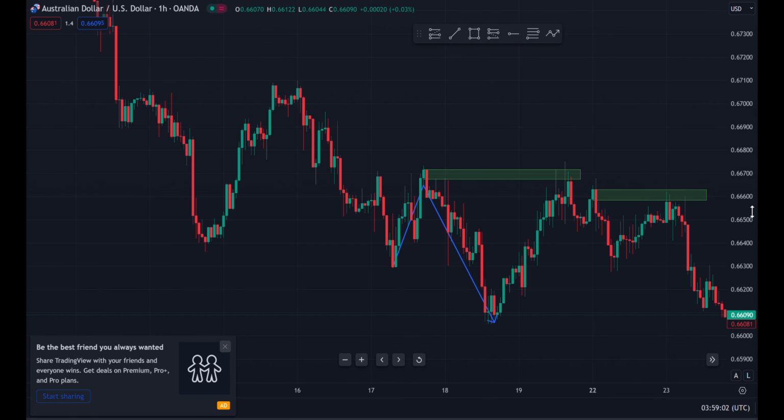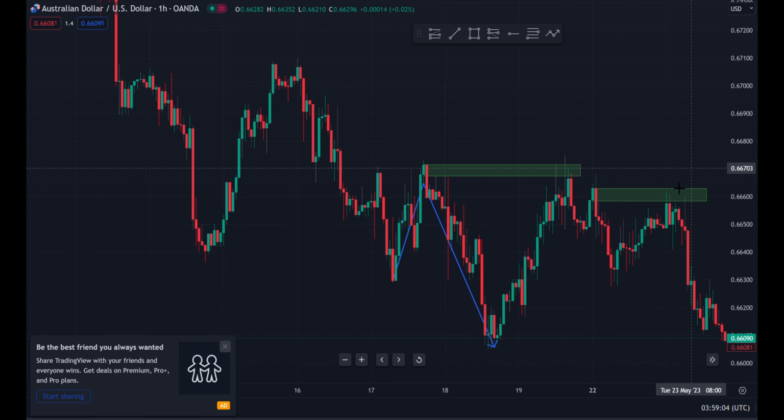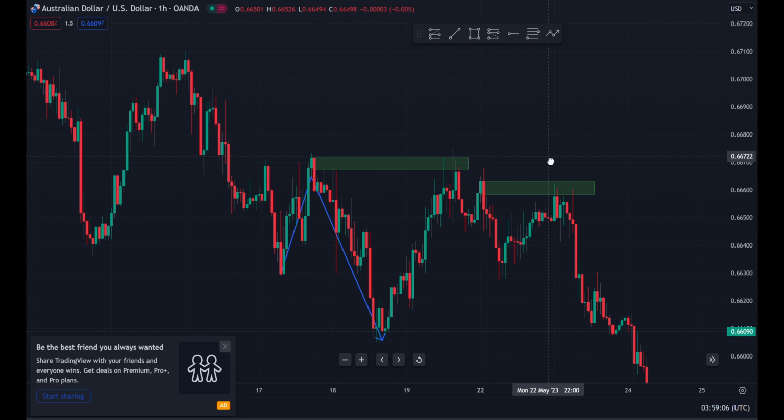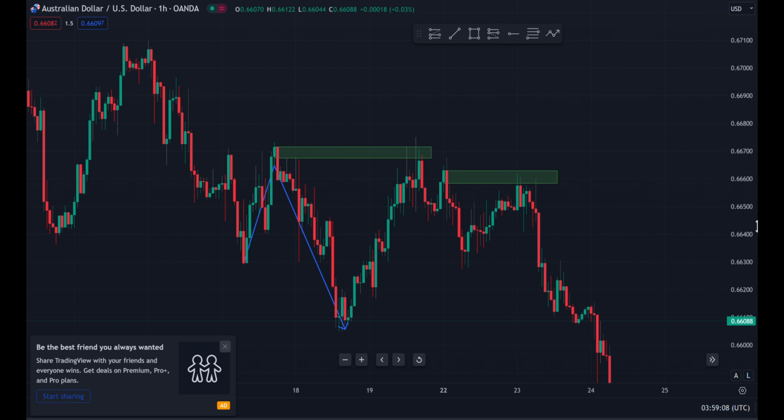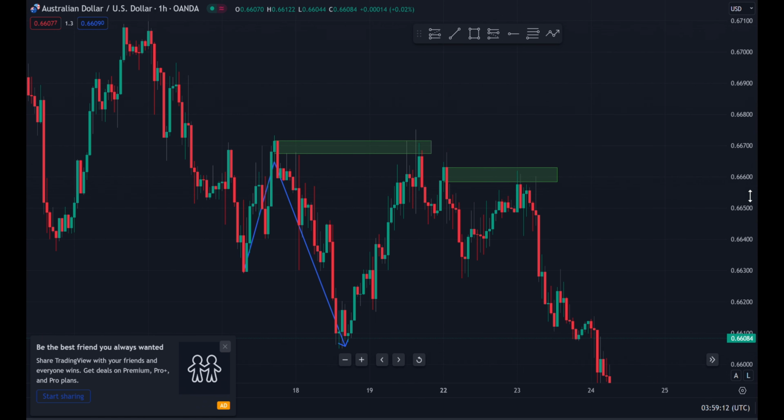Yeah, hope you are understanding this in the best way. Let's continue. So that is the rally base drop setup. The second one, I did that by marking this as my first rally, and then this my second drop.